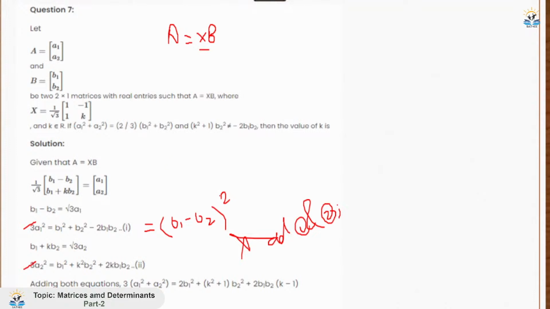You will get 2 times b1 square plus b2 square equal to b1 square plus b2 square.